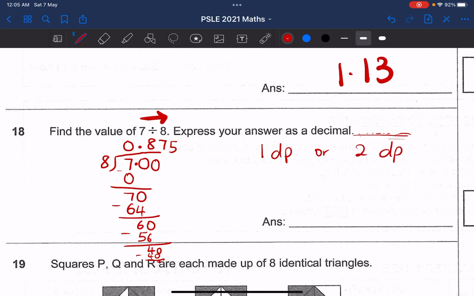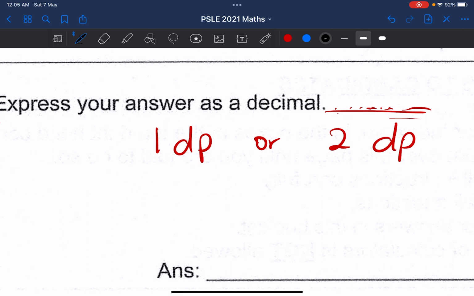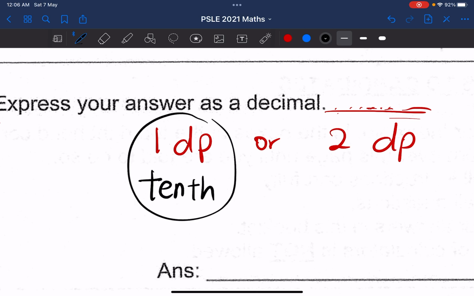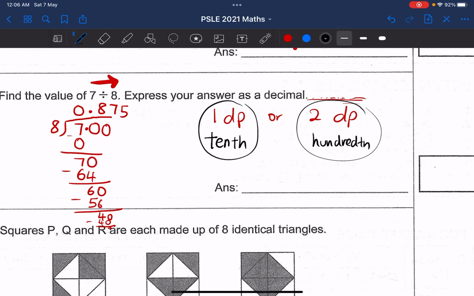Alright, if we are not nice and we are not kind people, in fact, we may even not tell you 1 decimal place, but we'll tell you in a different way. We'll say round your answer to the 10th. Alright, it means the same thing. Round your answer to the 100th. It also means the same thing. I want 2 decimal place. Alright, so for this case, the answer shall be 0.875.